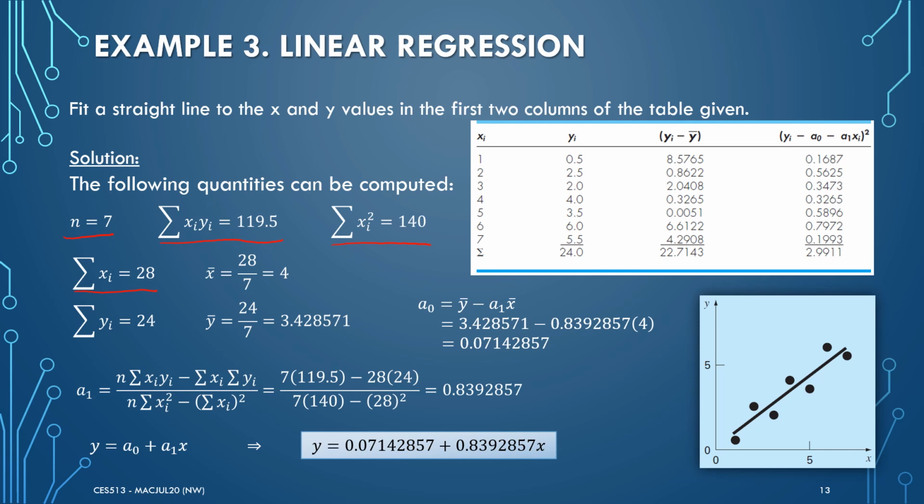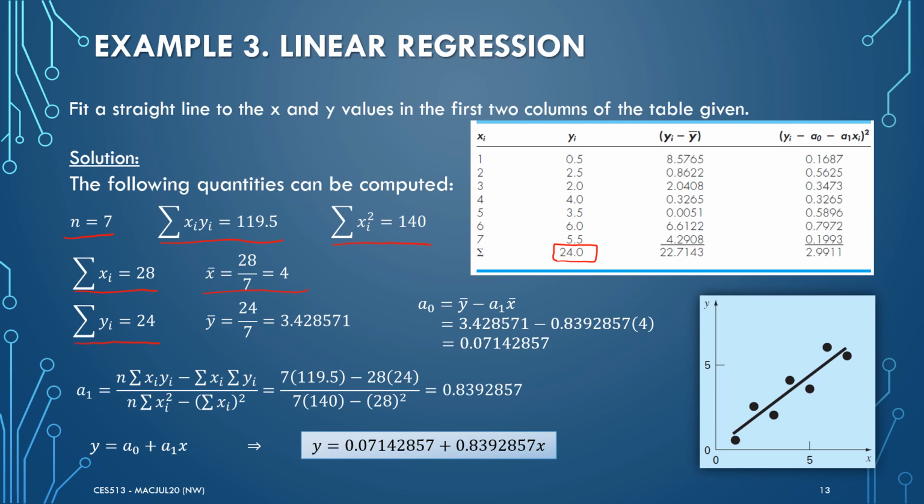And from that we can calculate for the x bar, which is equal to 28 divided by n, 7, equal to 4. And then the summation of yi, which is equal to 24 here. It's already been calculated in the table.